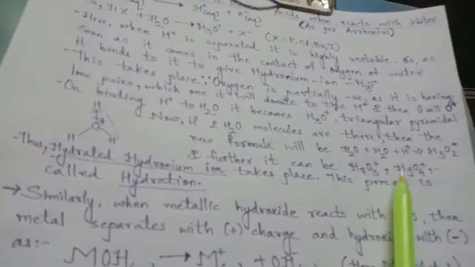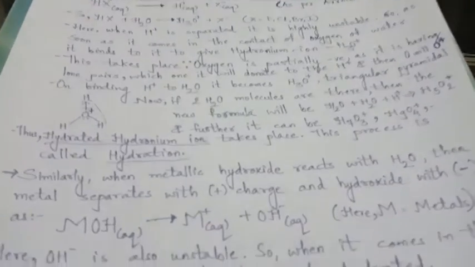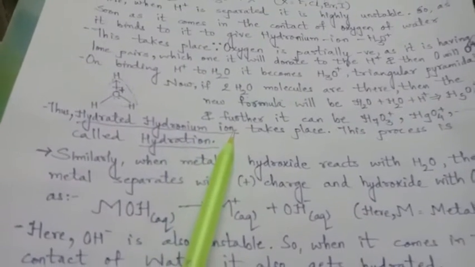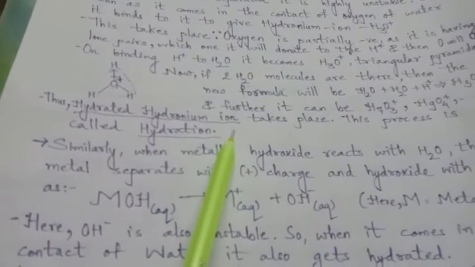This is what we can say hydration takes place, because H plus is attaching to the water molecule, and thus hydrated hydronium ion takes place. H3O plus is hydronium, and because of the water, it is a hydrated hydronium ion, and the process is called the hydration process.